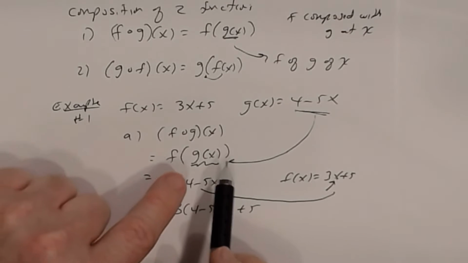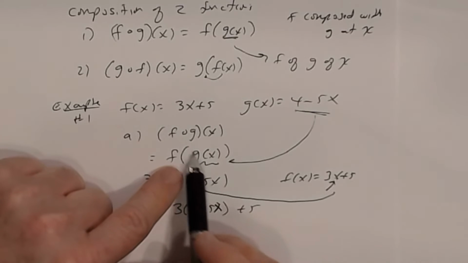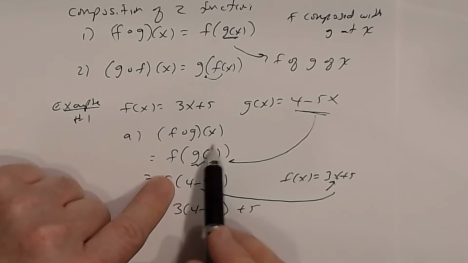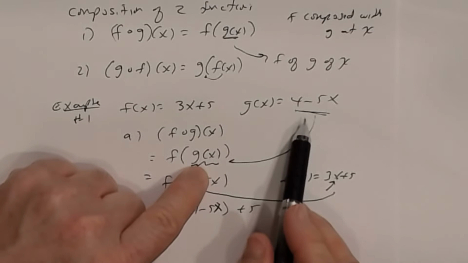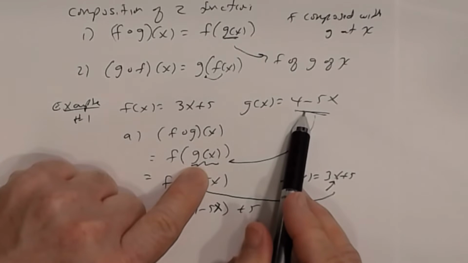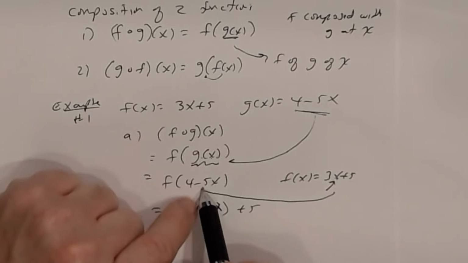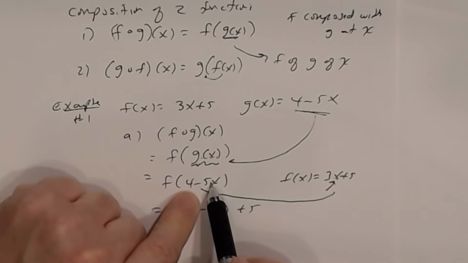Before I go on, let's recall what we did. By definition, open circle composition means f of g of x. The inside, you put that first. That's g of x, so I replace this notation with 4 minus 5x, because g of x equals 4 minus 5x.